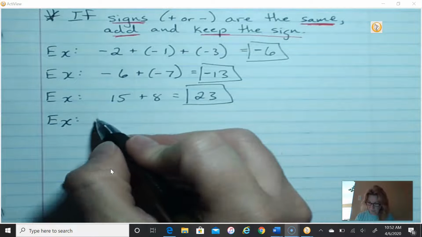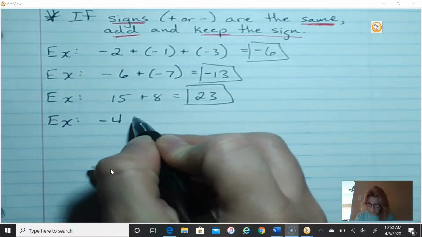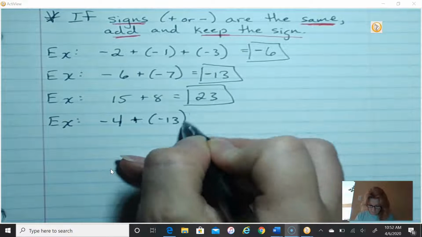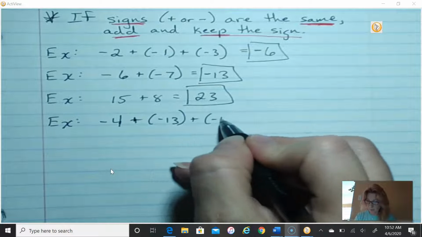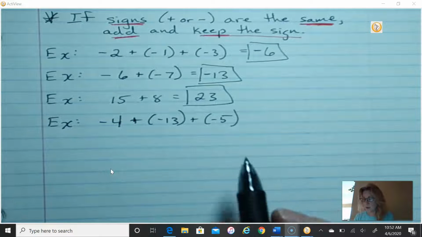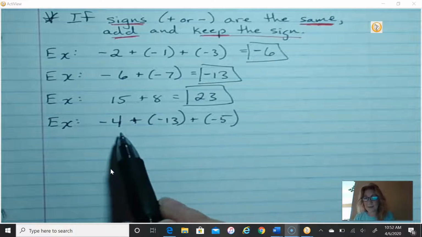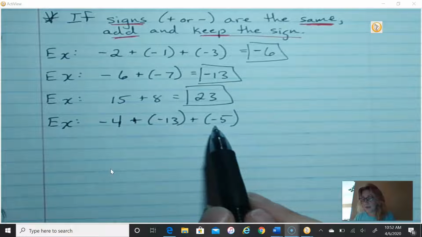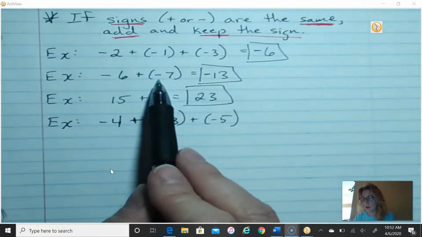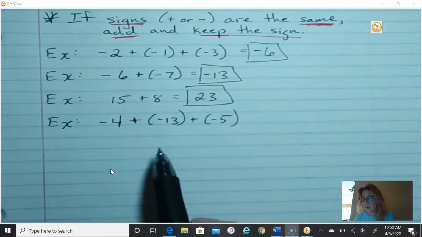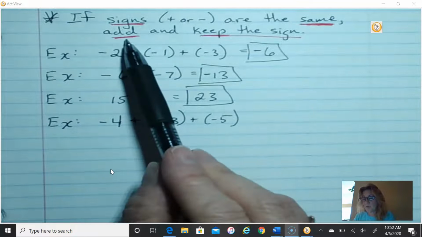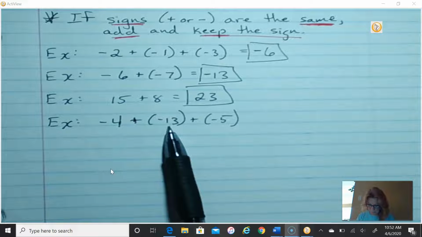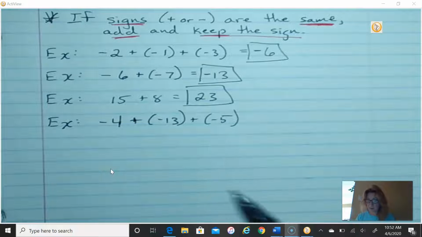All right, let's do another one. -4 plus -13 plus -5. Okay, are the signs the same? That's a negative, that's a negative, and that's a negative. Remember, we look at the sign right in front of the number. Those are all negative, so they're the same. So therefore, we add and keep the sign. 4 plus 13 plus 5.